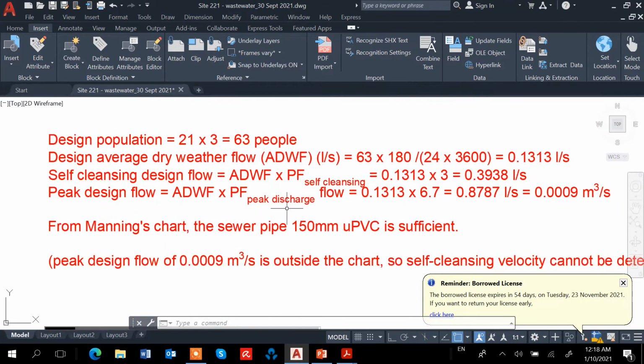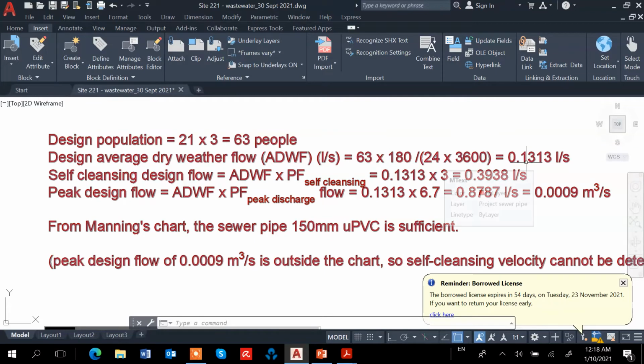So for this scheme, the alternative scheme with the 21% people, the design average dry weather flow is 63 multiplied by 180 and then divided by 24 hours, and 1 hour is 3600 seconds, because 180 is liters per person per day and we need it per second.